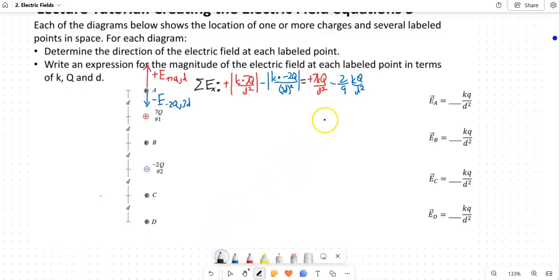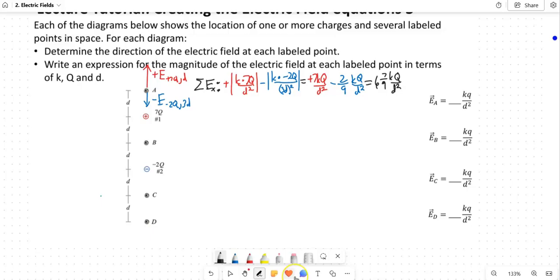So this answer, 7 minus 2/9, so that's going to be 6 and 7/9 kq over d squared.